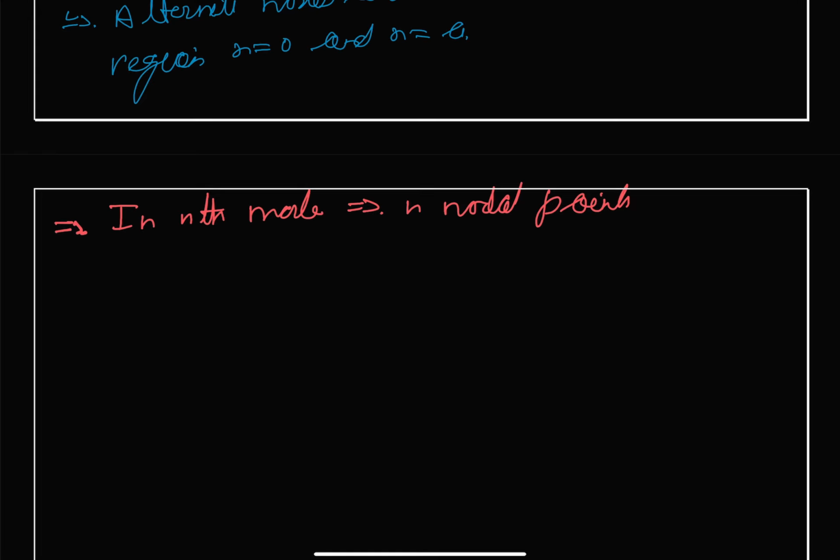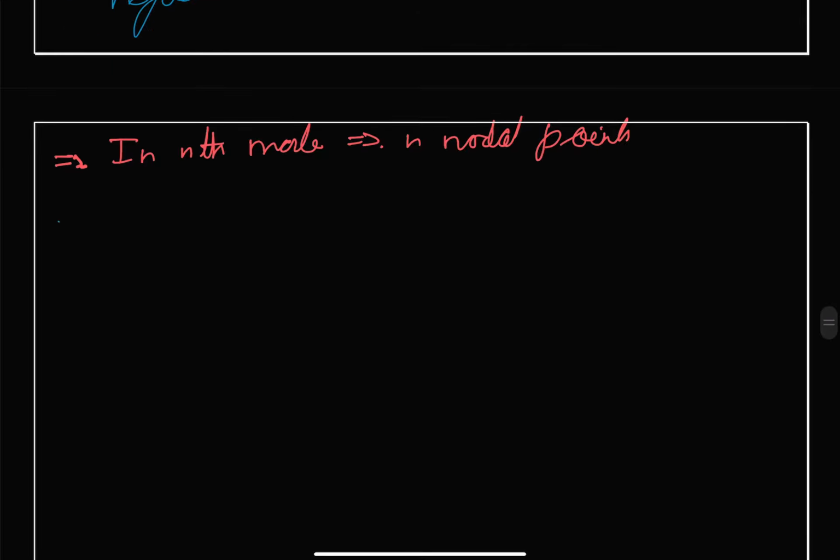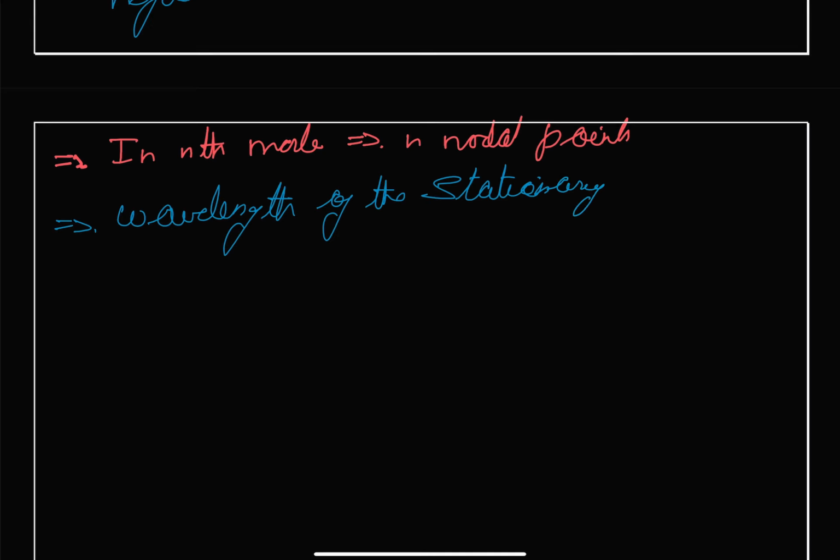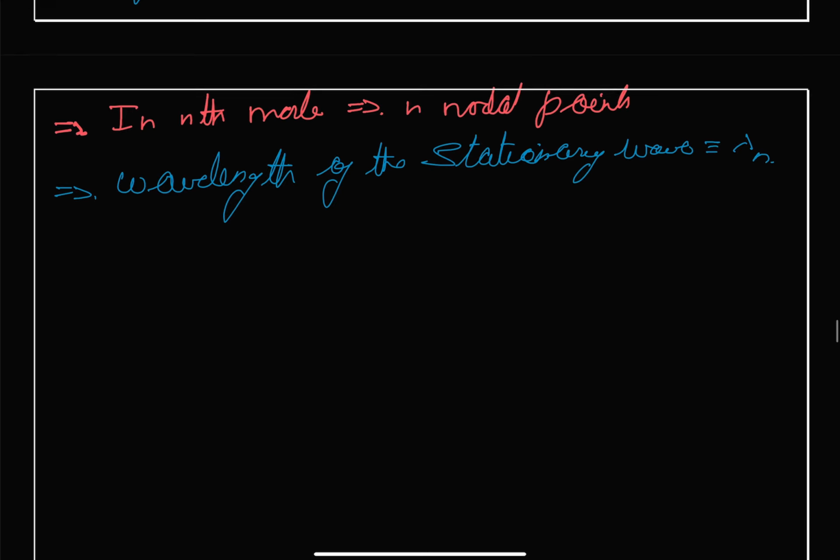and therefore the wavelength of the stationary wave, suppose that is given as lambda of n, then we can write that n times lambda of n divided by 2 will be equal to a, that is our total length.